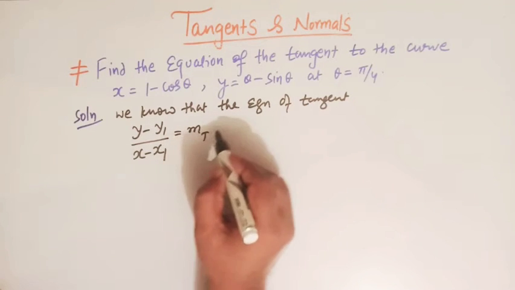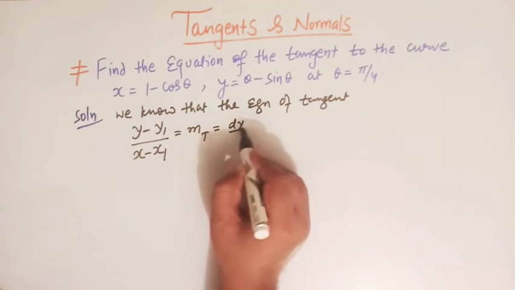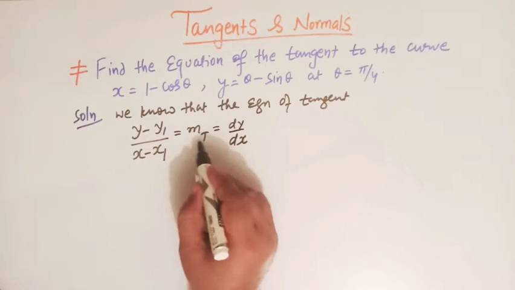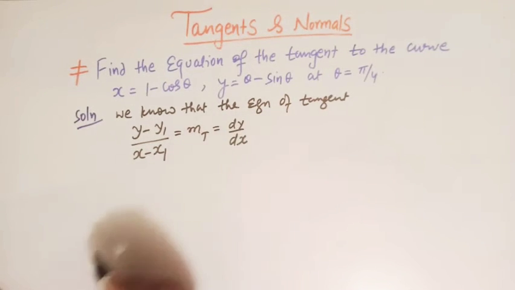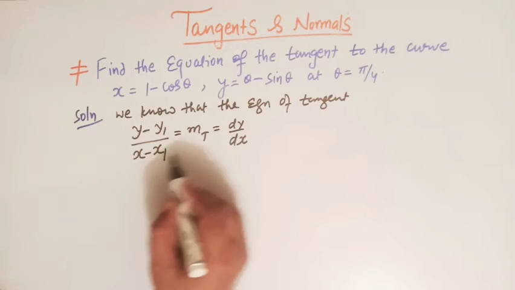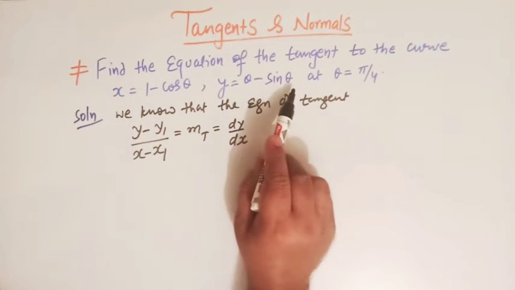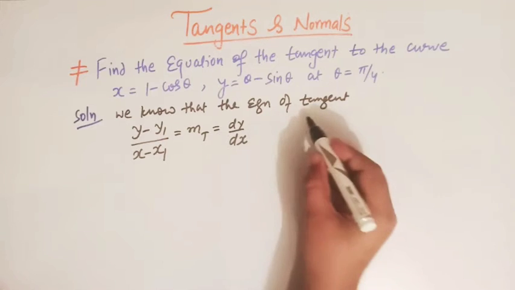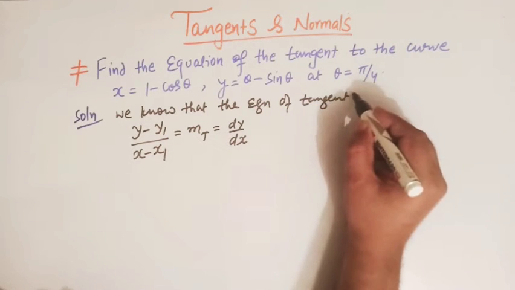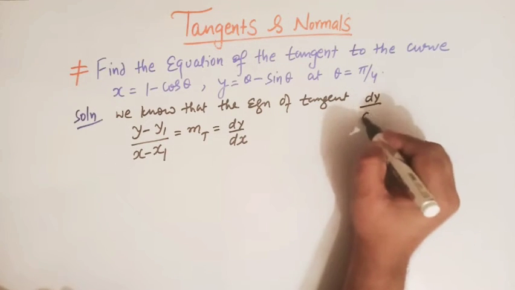Here mt denotes the slope of the tangent, which is calculated by dy over dx. Now here we are given the parametric equations, so we'll find here dy over dx.